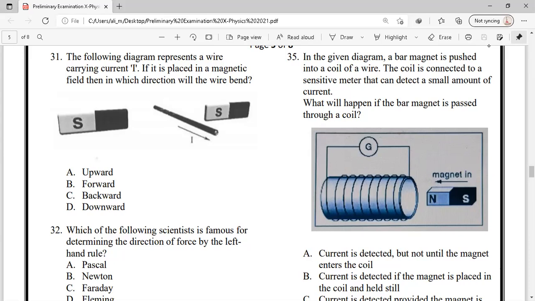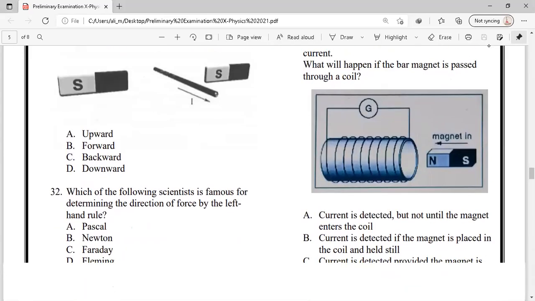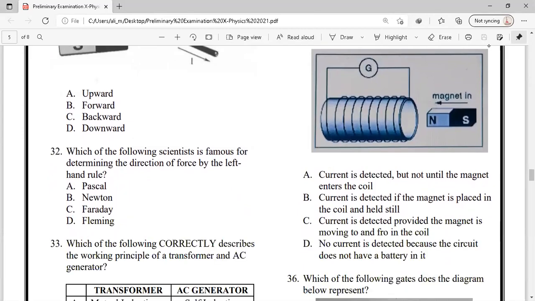With the motion of the magnet in the nearby coil, there will be a change of flux in the coil, and that induces an EMF in that coil, and the galvanometer will show some deflection.